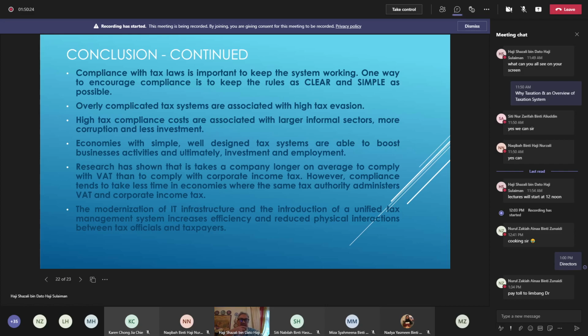But now, if you look at ease of doing business, I think Brunei's tax system is in the top 10. But I think a lot of countries now have improved their system. So IT technology plays a very important role. But then you have to remember that if you have a total online self-assessment system, everybody in the country must be connected. Yeah.